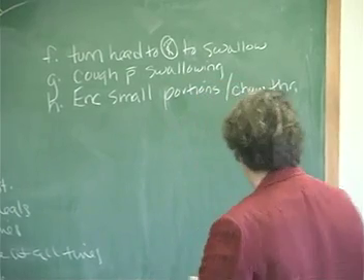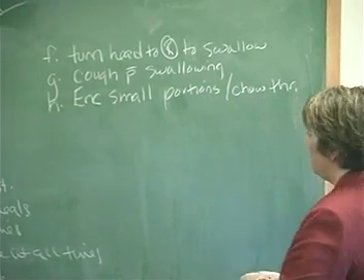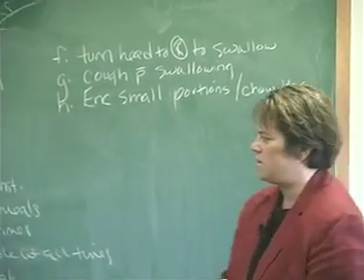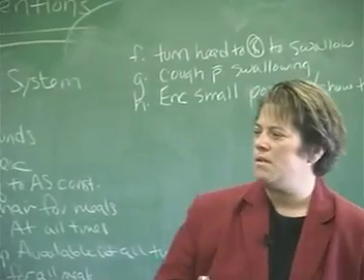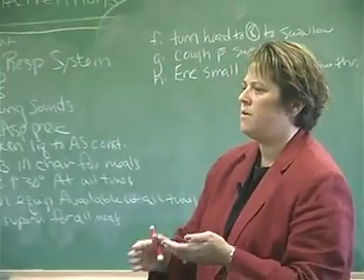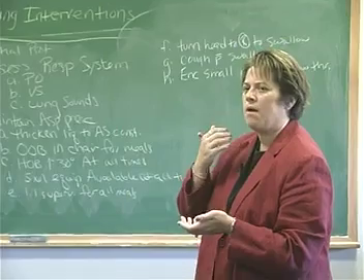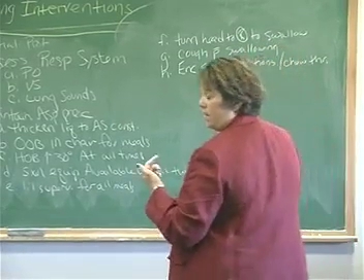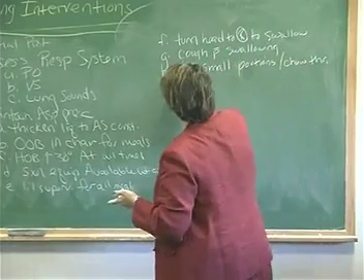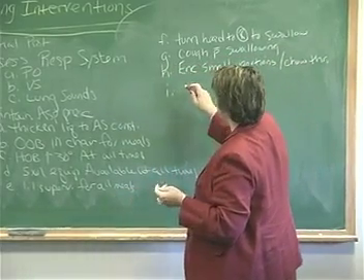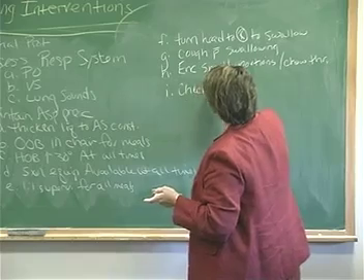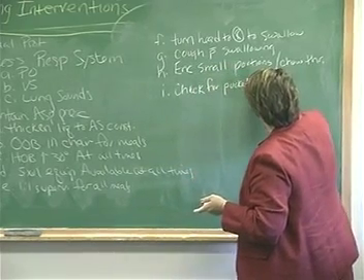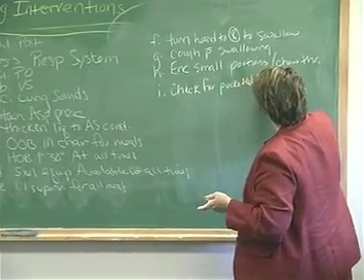Okay, anything else that we want to do? What happens a lot with patients who have paralysis? Does anyone know what happens in the side of the mouth? They pocket food. Yeah, so we want to make sure that there's no food pocketed. So we're going to check for pocketed food.